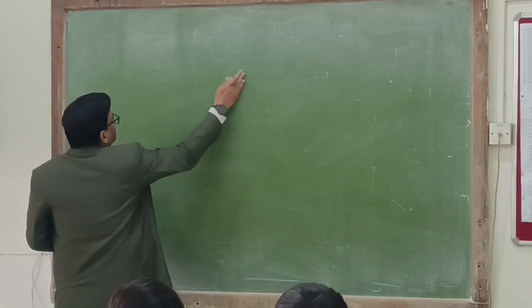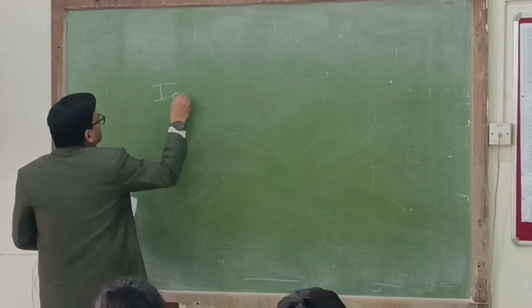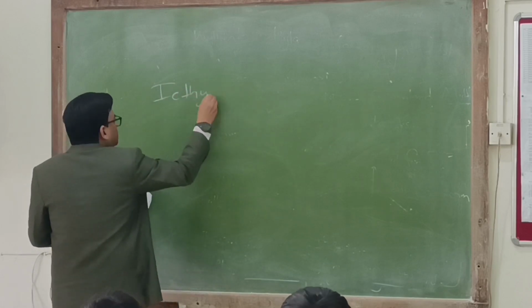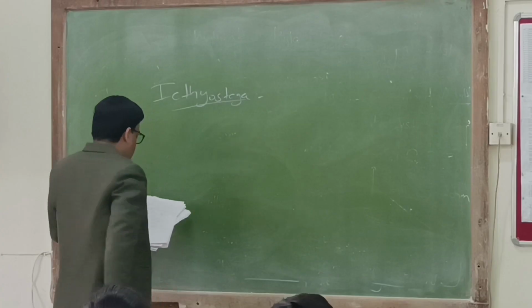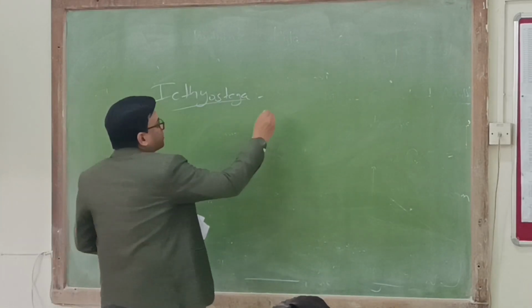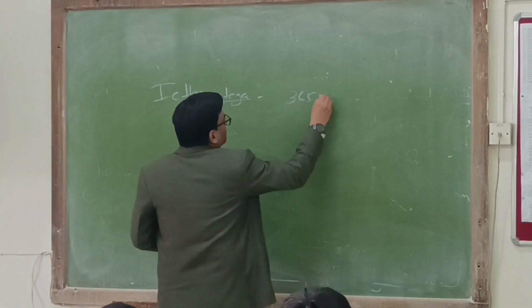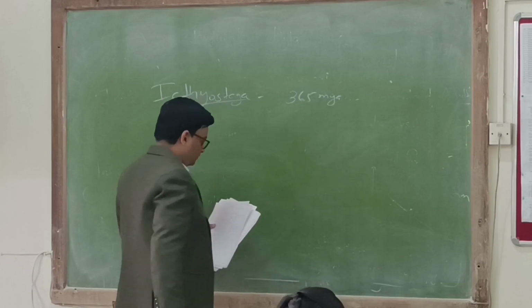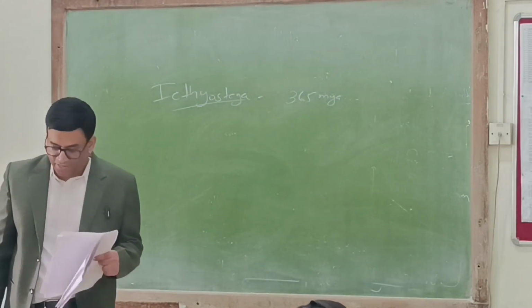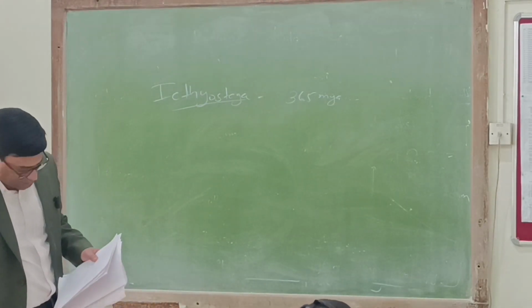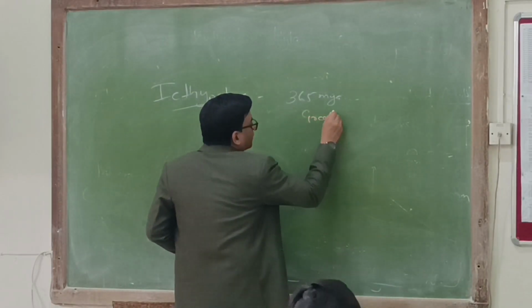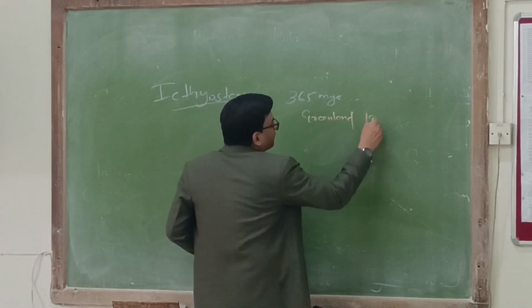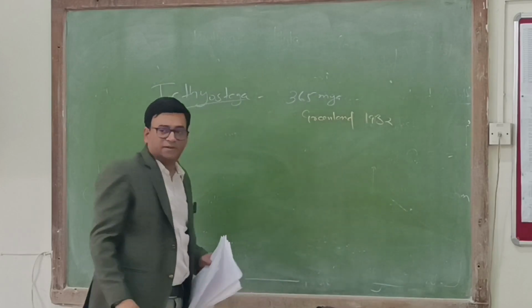Name of the specimen is Ichthyostega. This fossil is about 365 million years old. And this fossil was found in Greenland in 1932.